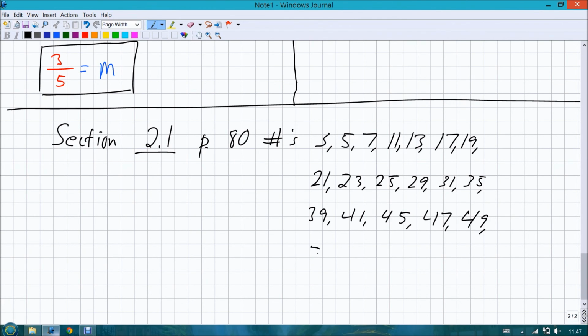We need to do 51, 55, and because word problems are awesome, 59.